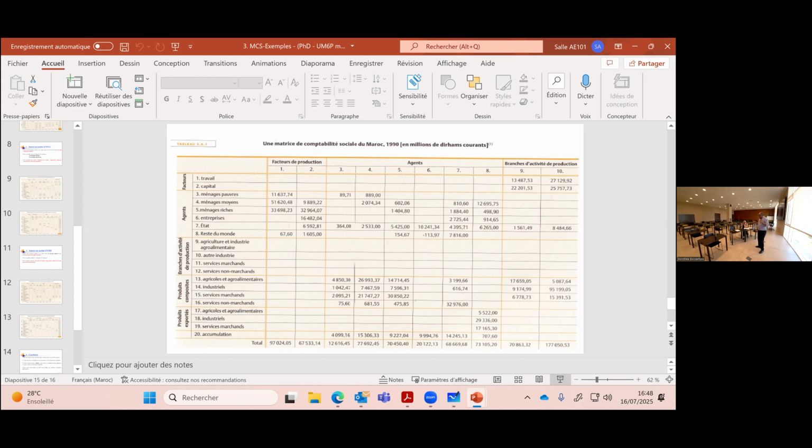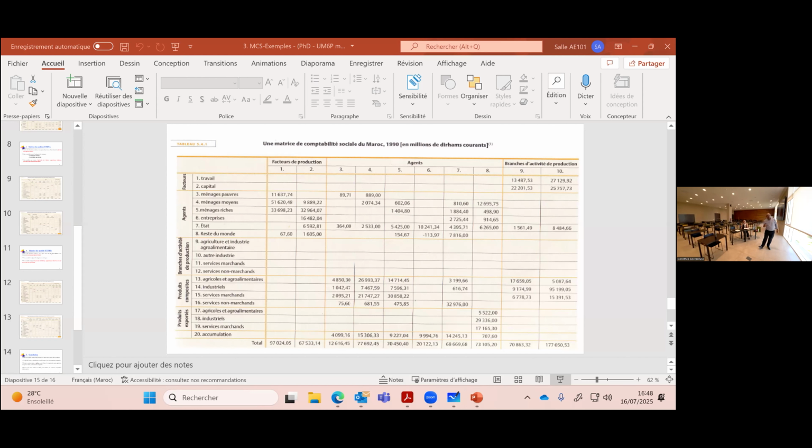It's not a stock, it's a flow for a period, and it covers all flows in the economy. In this example, we have the same number of rows and columns. Each account we have in a row, we also have in the column, exactly the same, but obviously the interpretation is different.